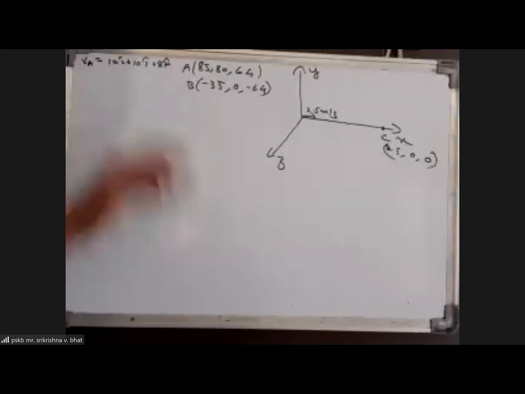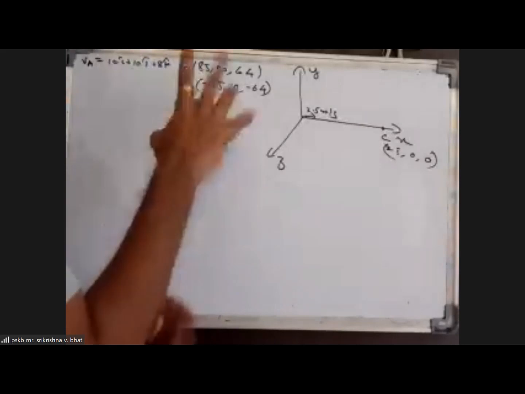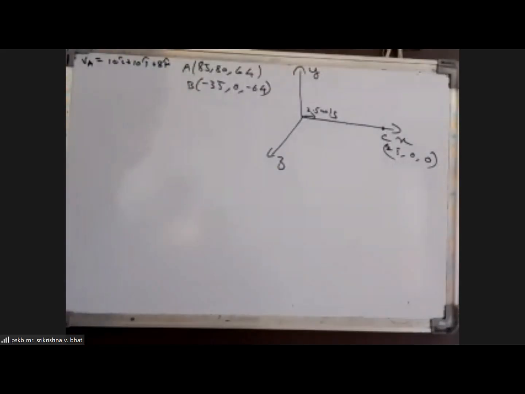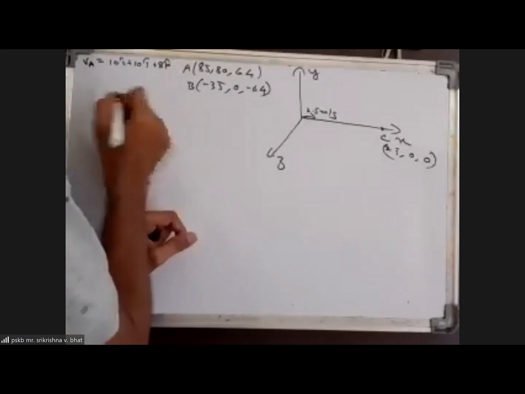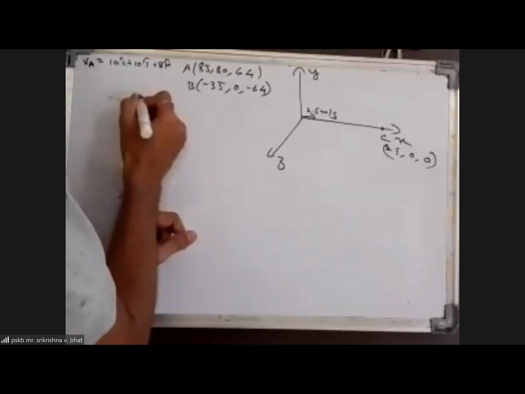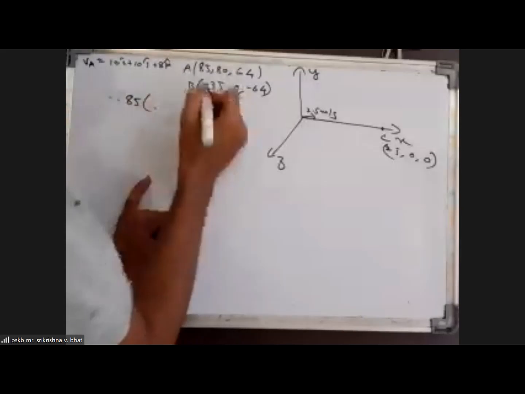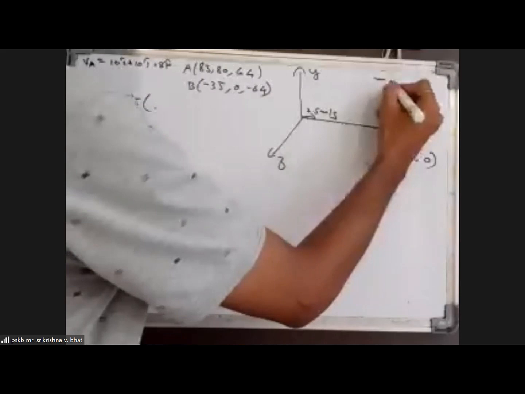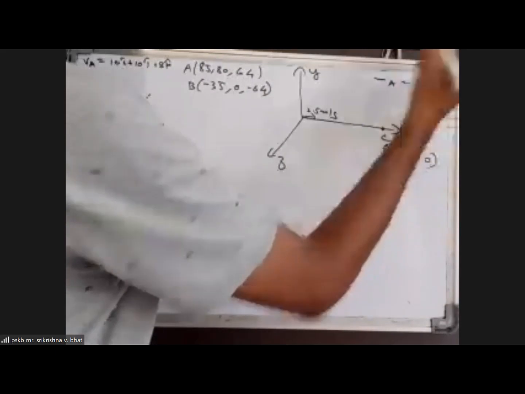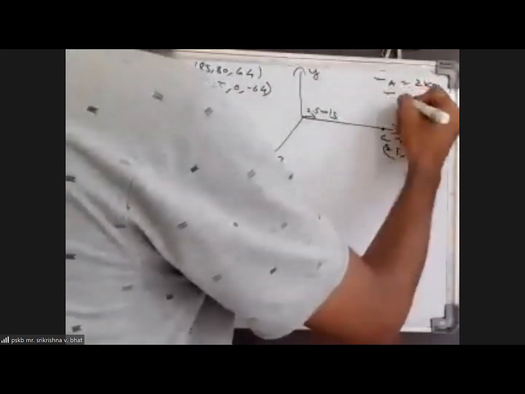Now since the positions of A and B are given, we can find the position of C also using the center of mass concept. So you can find XC, YC and ZC. The mass of A is given to be 2 kg, and the masses of B and C are 1 kg each.